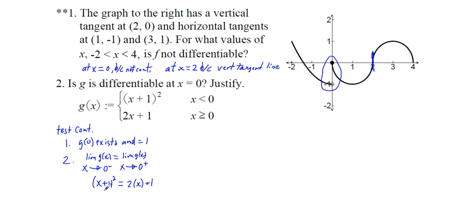Plugging in 0, we have 1 squared, which is 1, and 2 times 0 plus 1, which is 1. So 1 equals 1. And 3, we have g of 0 equals the limit as x approaches 0 of g of x, which equals 1. Therefore, g is continuous at x equals 0.